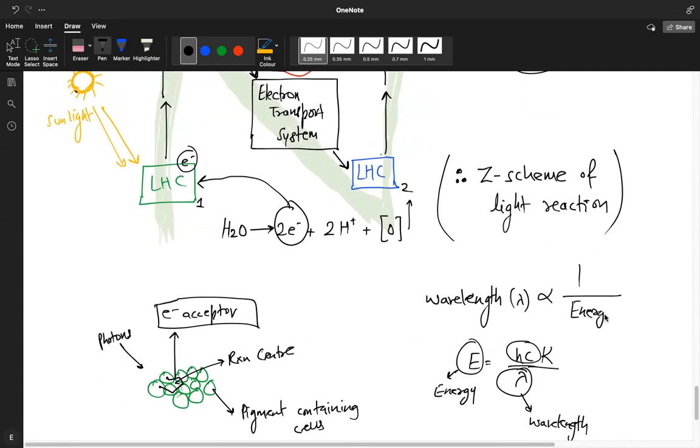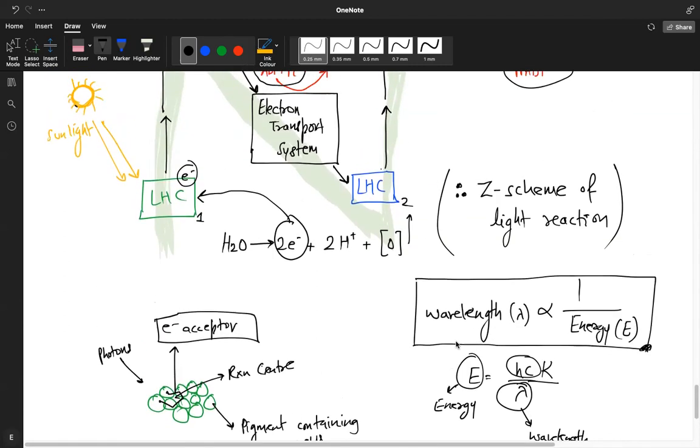Can I say that? Yusuf, Iram, Waziha, do you understand what Devangi helped us with? By this formula, we know that wavelength is inversely proportional to energy. So higher the wavelength, lesser the energy that light will contain.